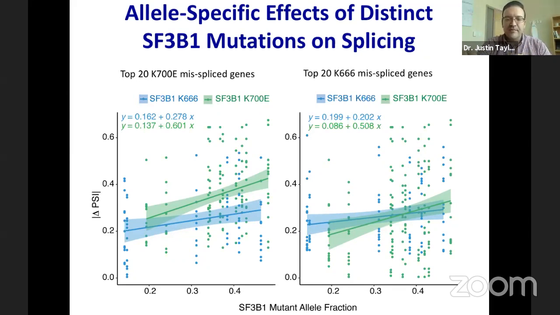So essentially, this may allow the patients with these non-K700E splicing factor mutations in SF3B1 to tolerate a second splicing factor mutation, such as in SRSF2, without causing the synthetic lethality that we know occurs when you have too much aberrant splicing.